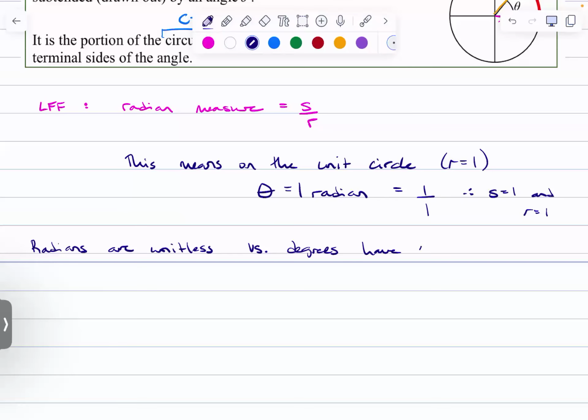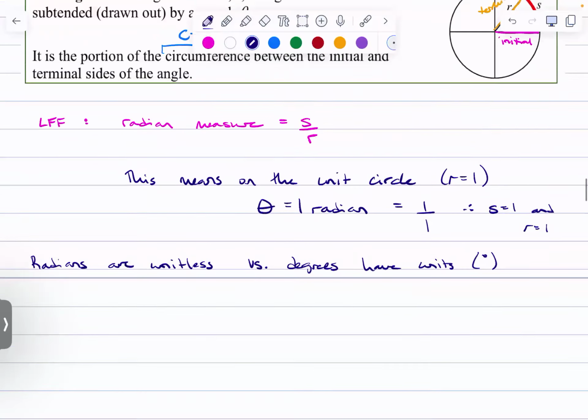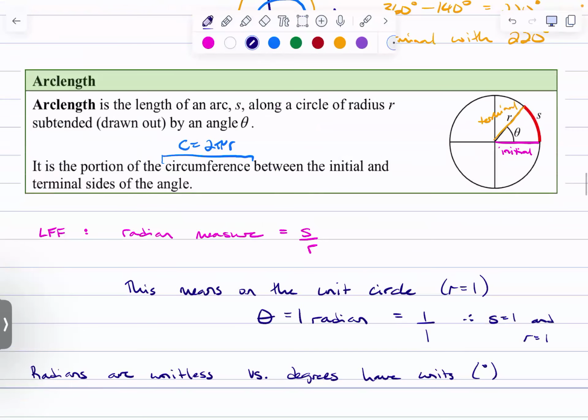Degrees have units. So that's the benefit of working with radians. But like I said, we'll focus on degrees. That might be nice to know.